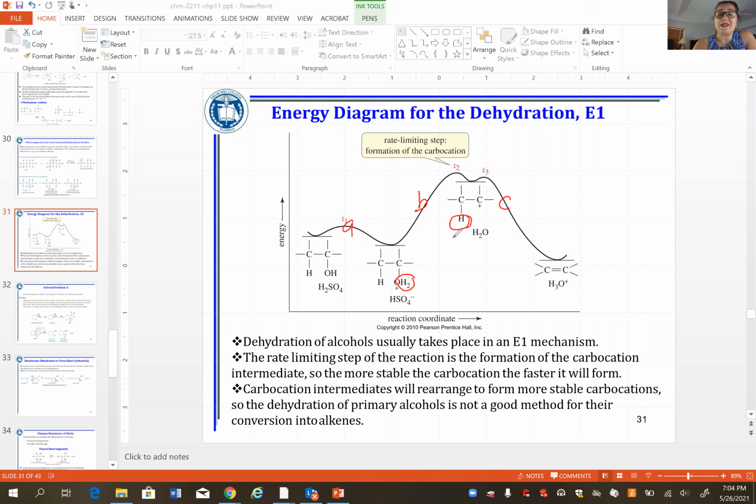That means you have 3 activation energies, and the rate determining step is the step with the highest activation energy, and that is formation of carbocation. So formation of carbocation is going to determine the rate of this reaction. As a result, a tertiary is going to go faster than secondary, faster than the primary.